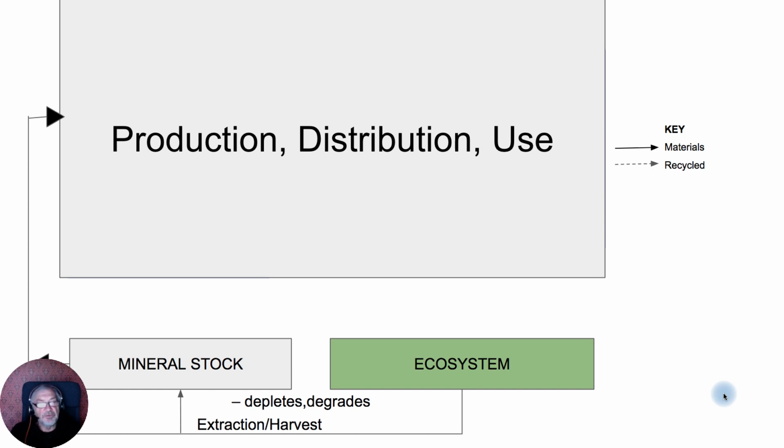For the mineral stock, it would have to be extracting from reserves. And in terms of the ecosystem, it would be harvesting. In both cases, there is a degradation of natural capital. And notice that you don't pay for this. This is a free gift from nature that goes into the production system.